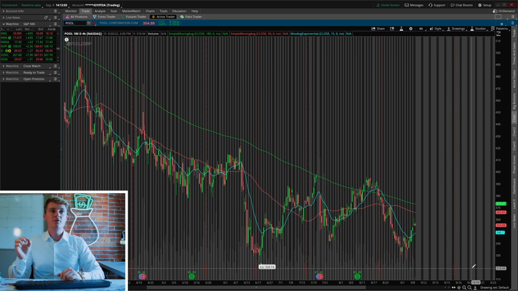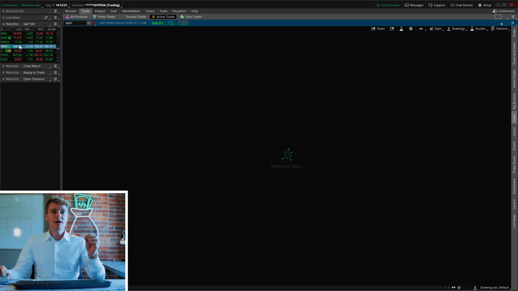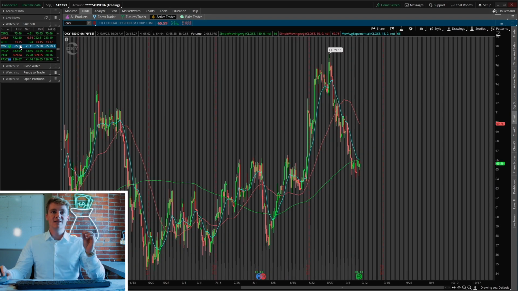Now, it's important to note that these same rules apply with support and resistance when it comes to moving averages as applies on a chart when we're locating support and resistance based off of candlesticks as we did in the last video. Okay, so we're able to use these three moving averages. Now, knowing what to look for is the key.